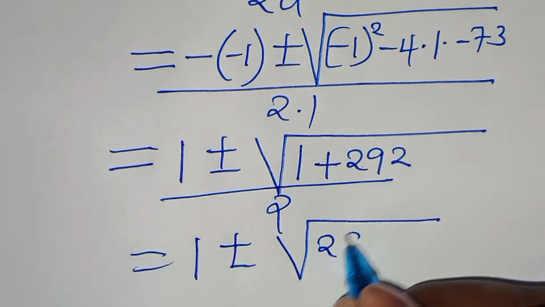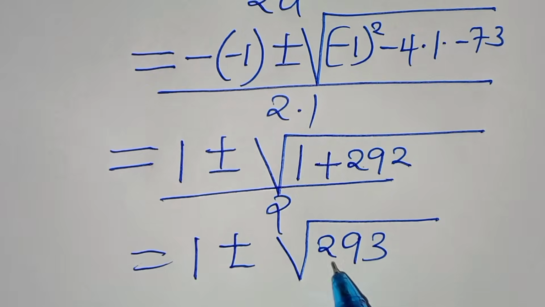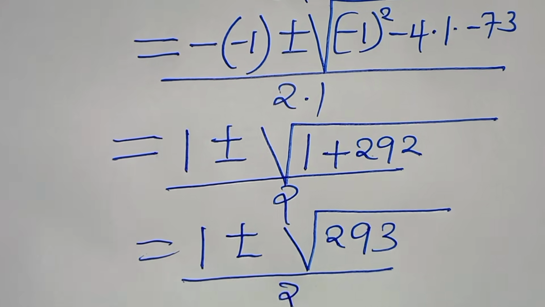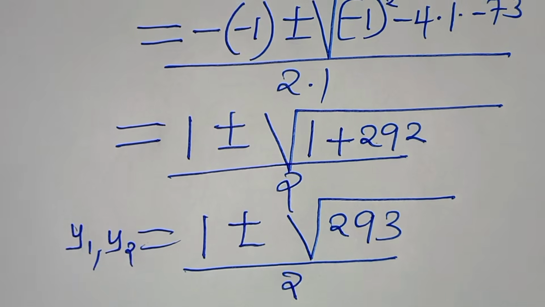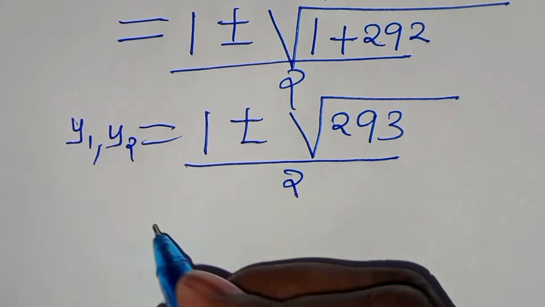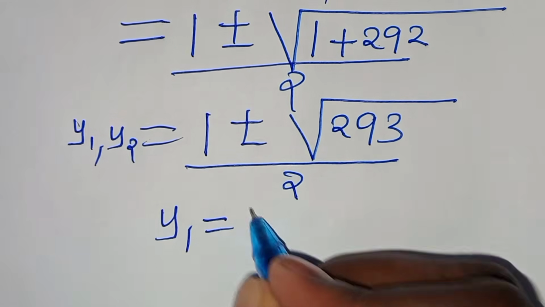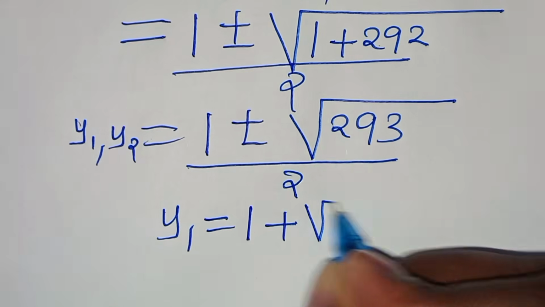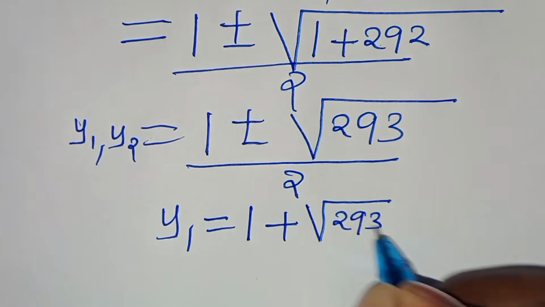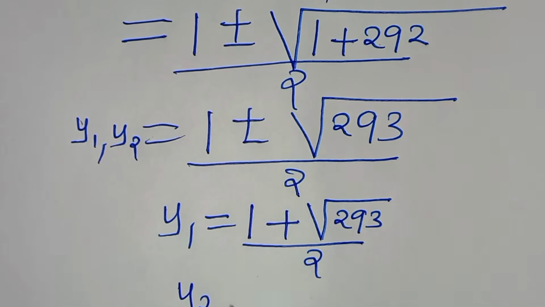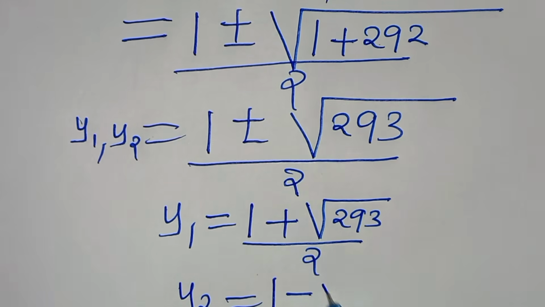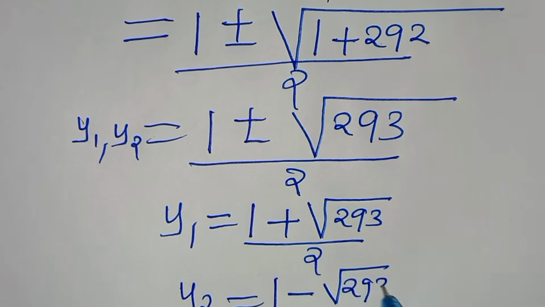This is 293. So we have the square root of 293 divided by 2. So this is y1 comma y2. So we have y1 is equal to 1 plus the square root of 293 divided by 2, and y2 is equal to 1 minus square root of 293 divided by 2.